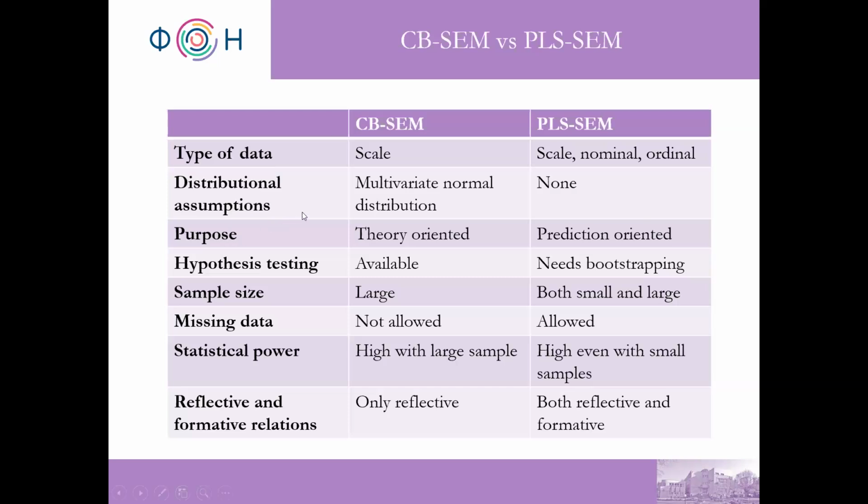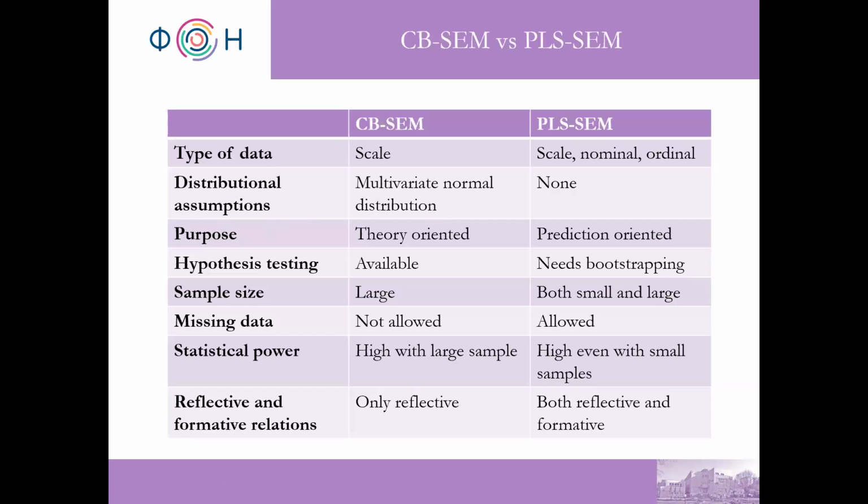When it comes to distributional assumptions, covariance-based SEM is in fact like a parametric test. Its assumption is that your data is normally distributed. On the other hand, PLS-SEM is like a non-parametric model, meaning that there are no assumptions on the distribution itself.